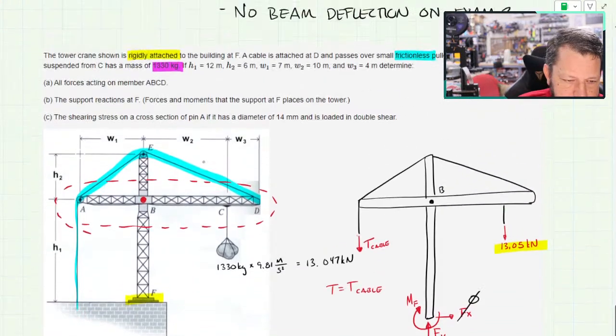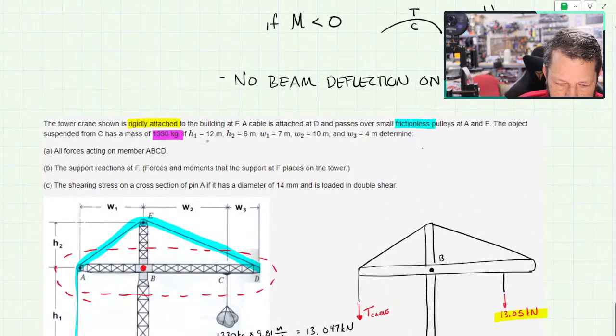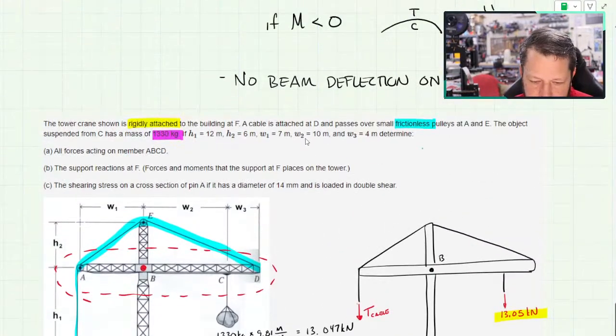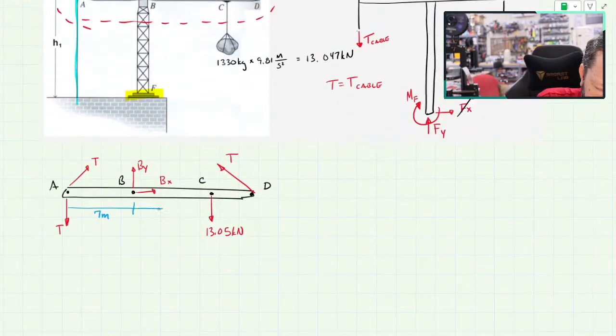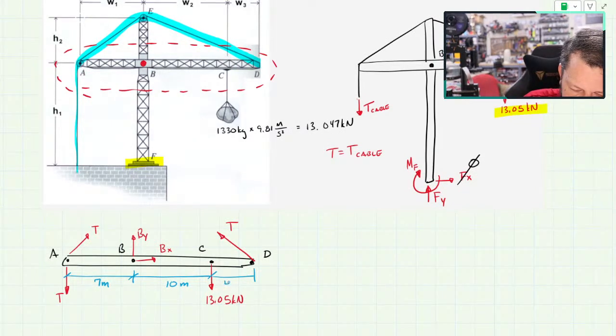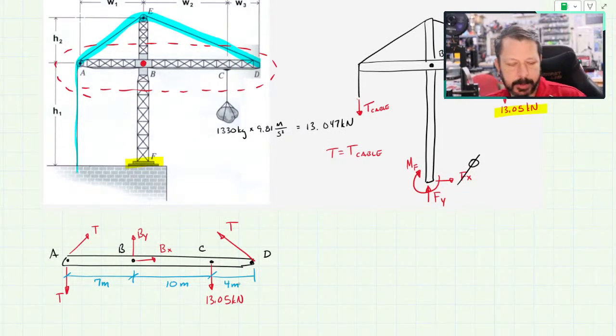From A to B is W1, 7 meters. From B to C is W2, 10 meters. And from C to D is W3, 4 meters. Now I need something with these angles.